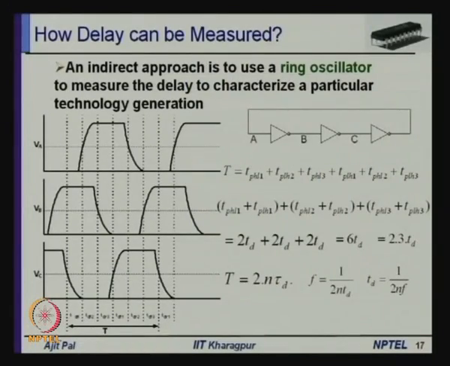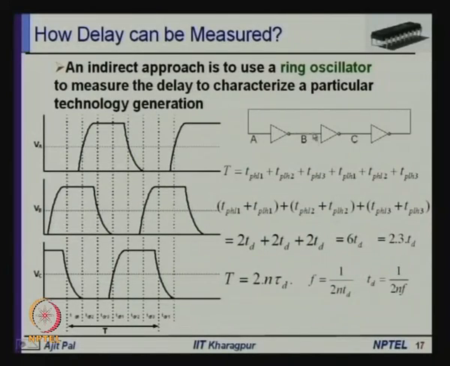So, a special type of circuit is made, known as a ring oscillator, and the ring oscillator is fabricated using the inverters of that generation, and then the delay is estimated. How? Let us see. The question is, what is a ring oscillator? A ring oscillator can be realized with the help of several inverters in this form.